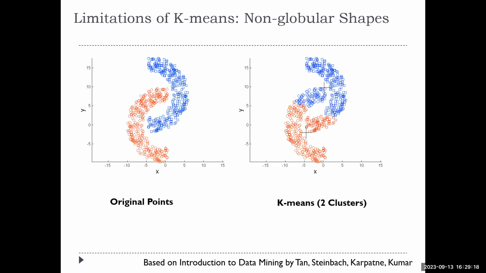So this is what came. It doesn't look at the shape at all. It just looks at the distances between data points. If you have some clusters of that type, for k-means, these 2 points are close to each other, right? So it's going to put them into the same cluster. So it's based on distances.